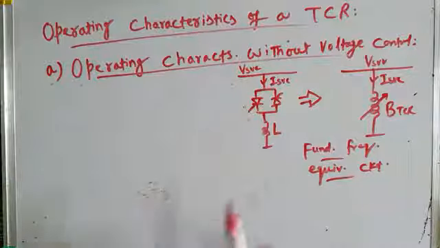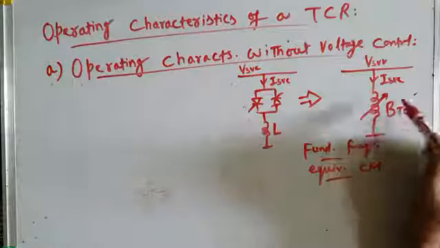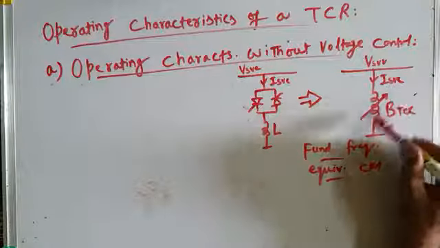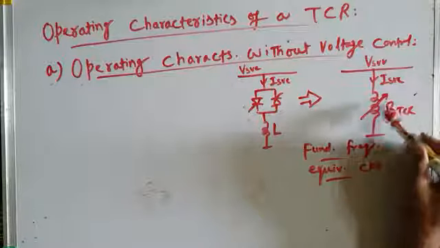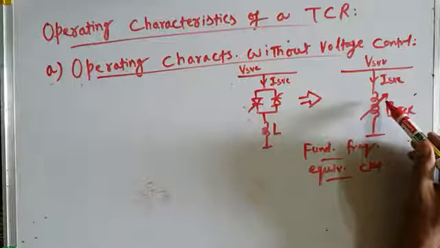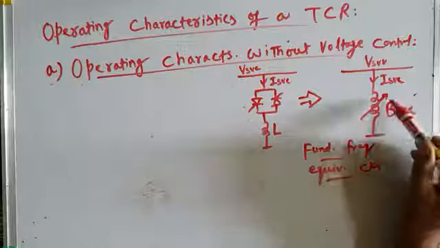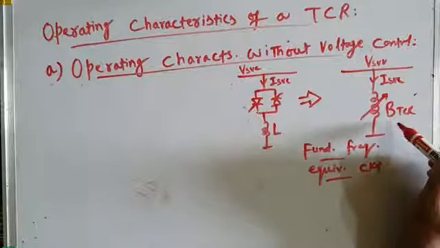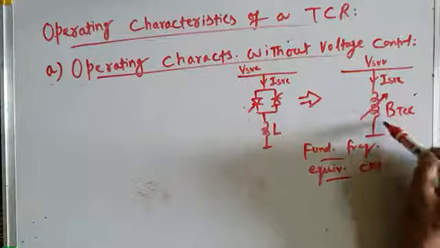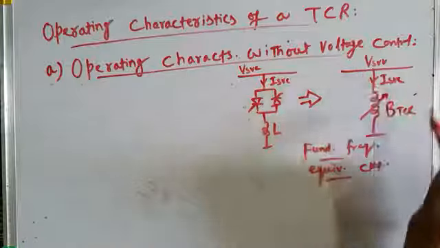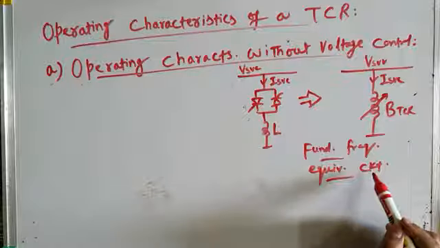By delay angle or firing angle control of TCR, we can make it behave as a variable susceptance. We already know, we have studied that from the basics of TCR. In the very first lecture that I delivered on TCR, we understood how a TCR acts as a variable susceptance by alpha control or delay angle control. Since it acts as a variable susceptance at the fundamental frequency, this is the fundamental frequency equivalent circuit of TCR.